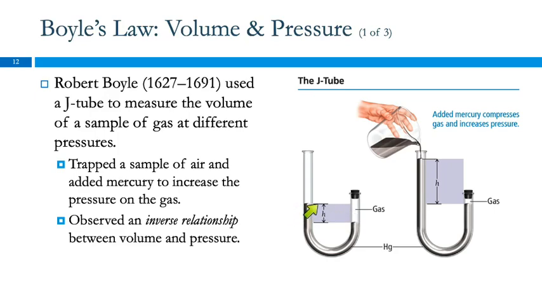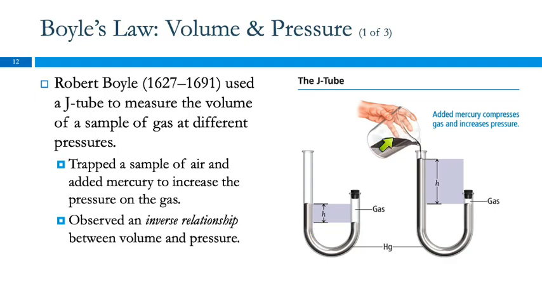And then you can measure the volume of the gas. You could calculate that based on the diameter of the tube and how tall it was. And you can look at the pressure between the outside and the inside. The pressure difference is the height of the mercury columns, right? Just like with a manometer.